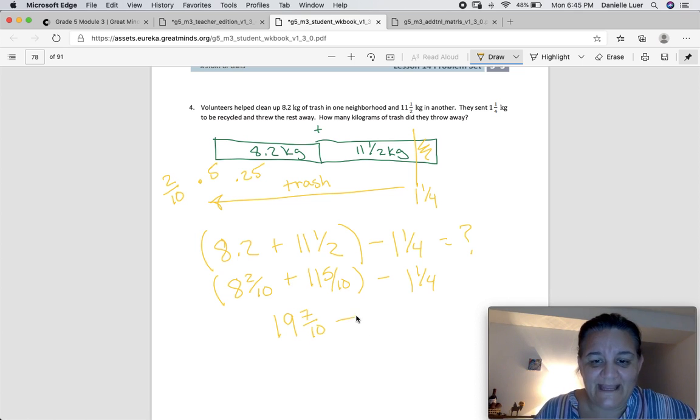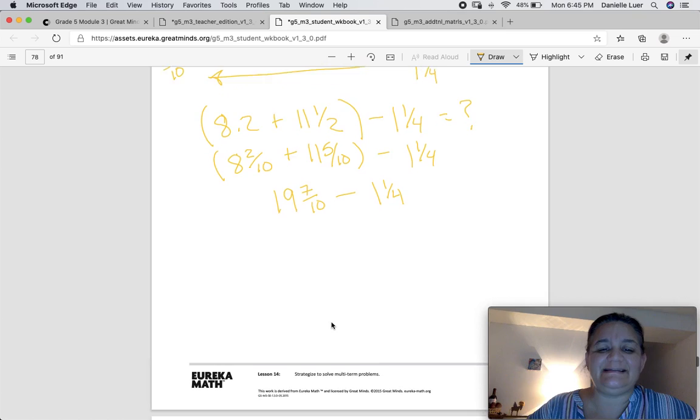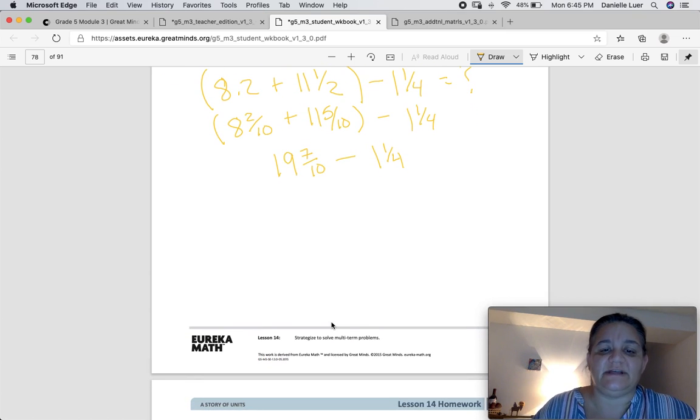Okay, minus 1 1/4. Okay, well now I do need to find a common denominator because tenths and fourths do not like each other so much. I think the common denominator I want to use is 20 because 4 will go into 20 5 times and 10 will go into 20 2 times.